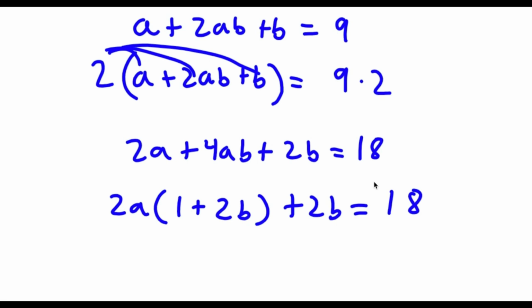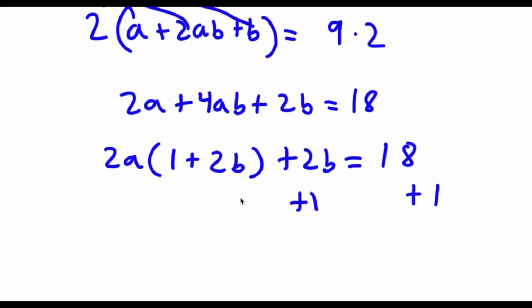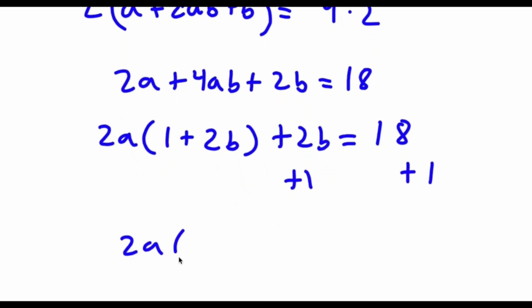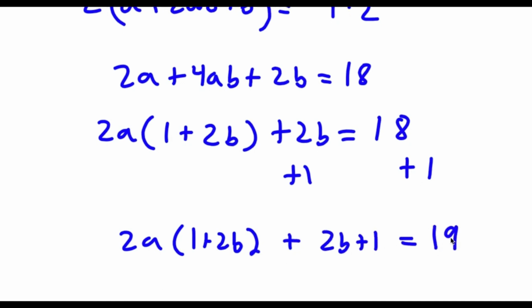Now, I'm going to go ahead and add 1 on both sides. So now I have 2a times 1 plus 2b plus 2b plus 1 is equal to 18 plus 1, which is 19.